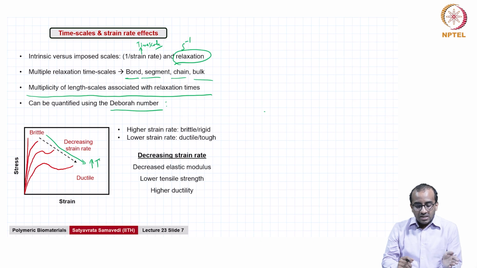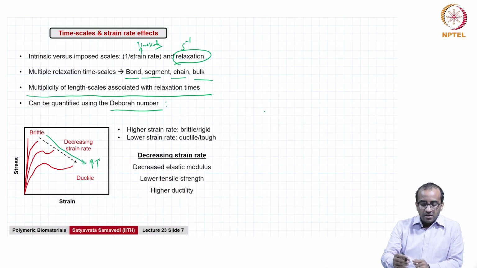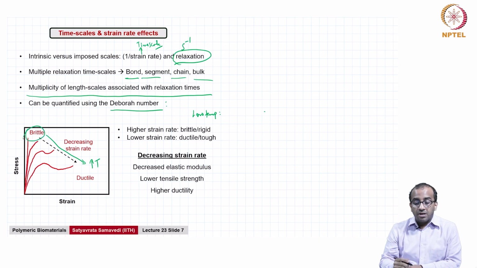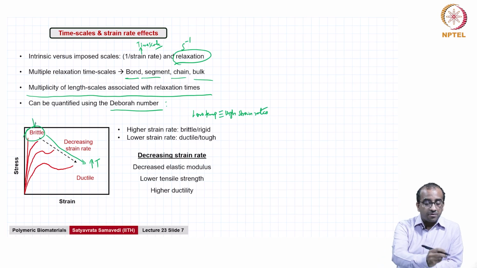Interestingly, you see that the effect of strain rate decreasing follows a very similar trend, right. So, what you already see here is that what you can get at low temperatures, namely brittle behavior, which is what you would see here, you can actually end up getting at high strain rates, which is again what we are saying here.